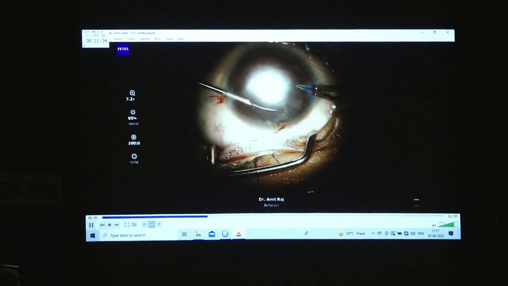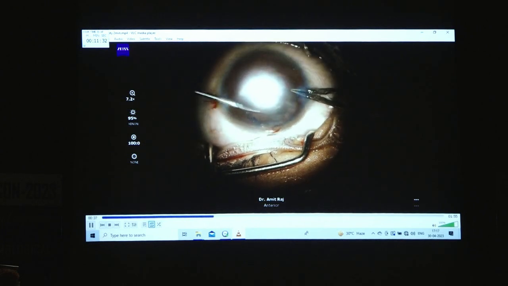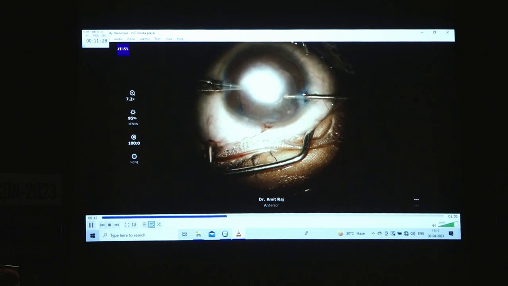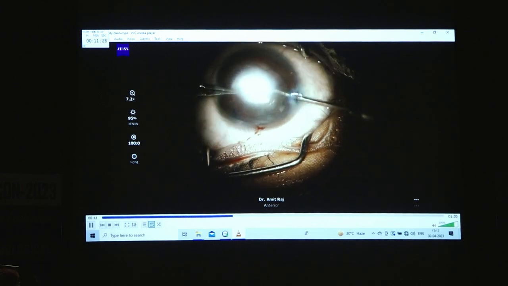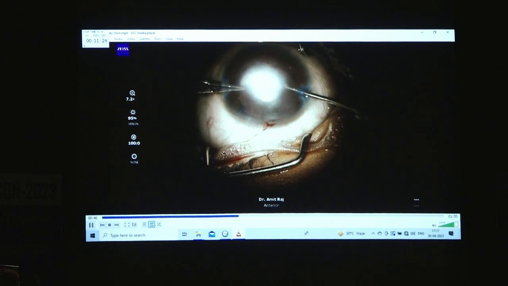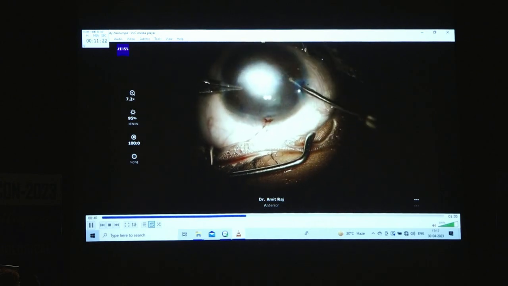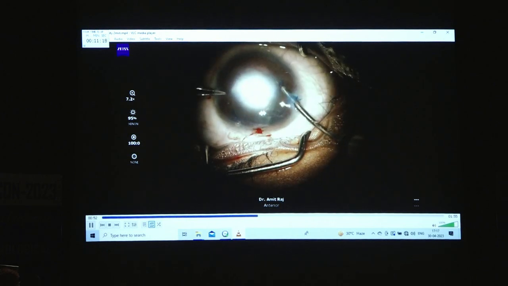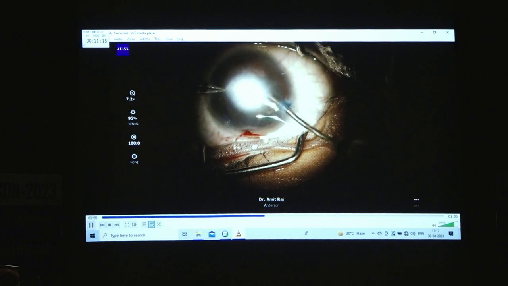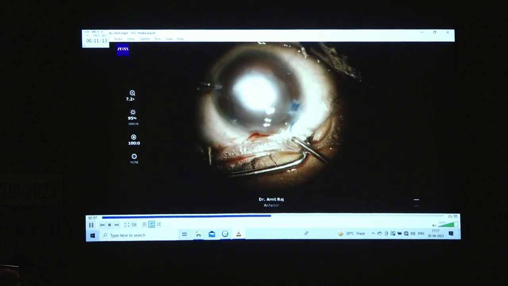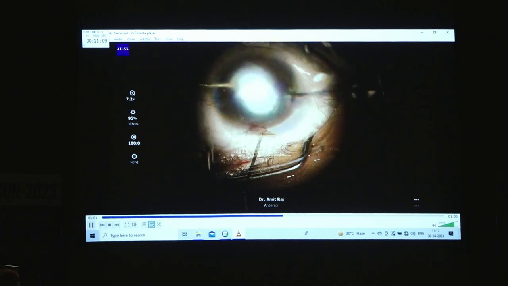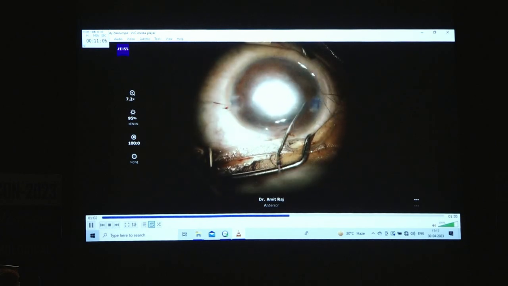So rhexis was started again from the other side. At this stage it was going outside, so it was retrieved, and then rhexis was completed to check any residual capsule fiber. Again vitrectomy was done.